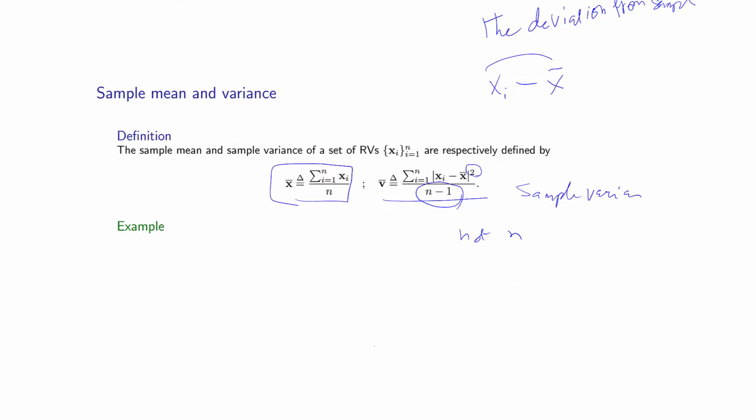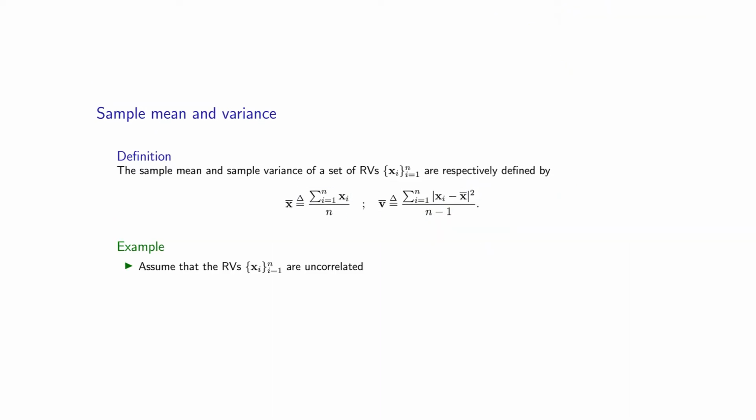Why they put n minus 1, not n, is something we will see perhaps at the end of this course. For instance, suppose a bunch of random variables are uncorrelated, and they all have the same mean and the same variance. Then you can prove that the mean of the sample mean is equal to mu.